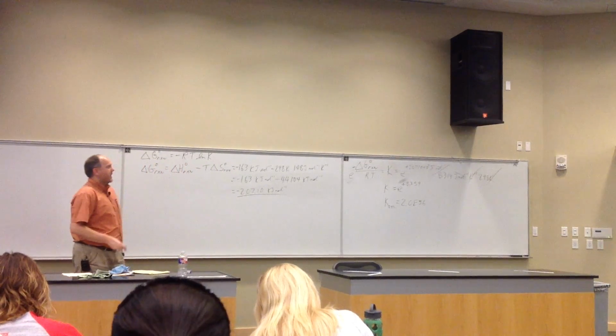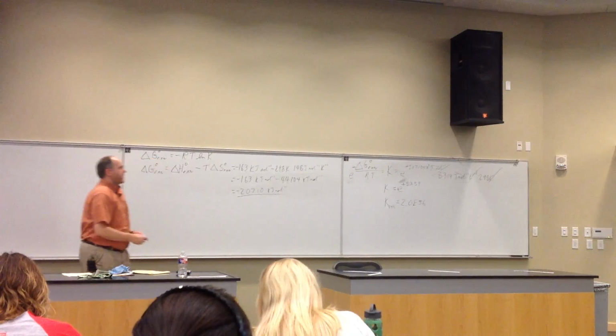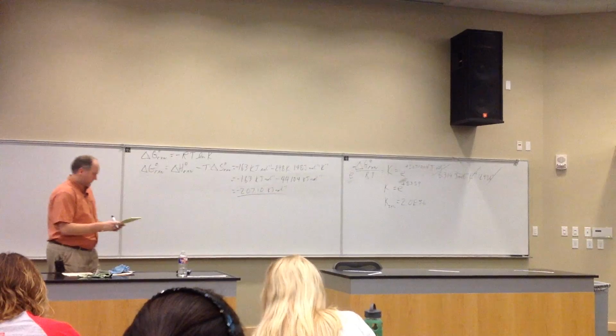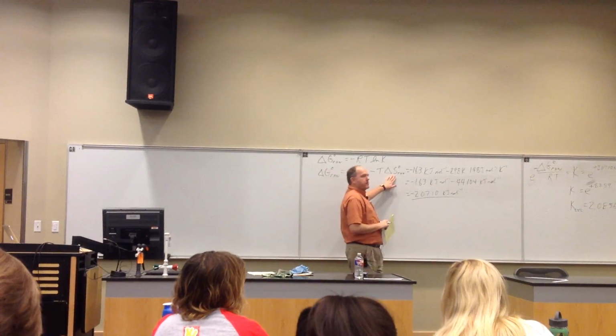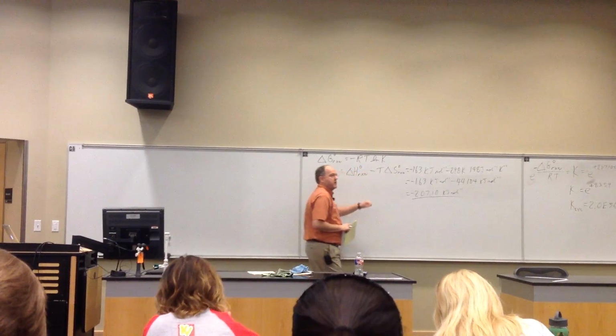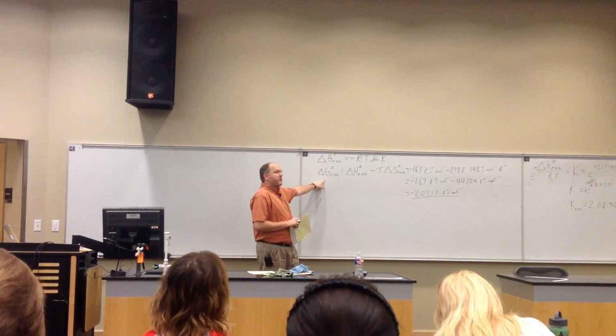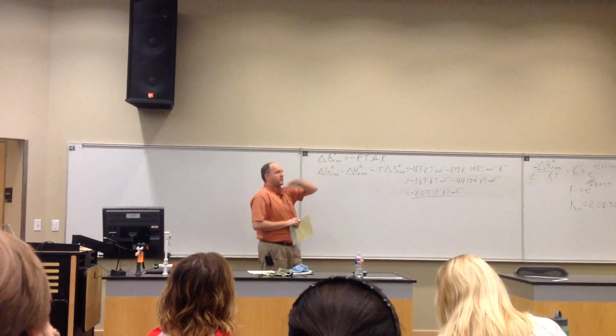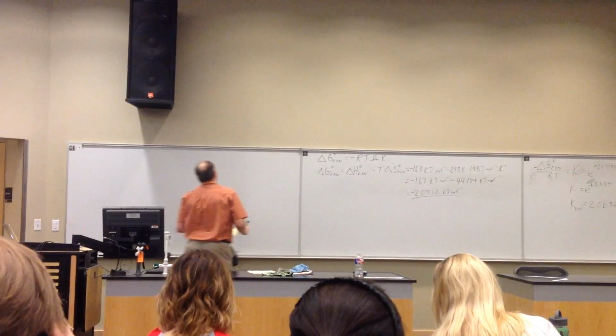All right. We can do that again. Calculate K at now 40 degrees C. Now, my delta H and my delta S, I'm going to assume are temperature independent, but my delta G0 is not. I have to recompute delta G0 because I'm at a different temperature.